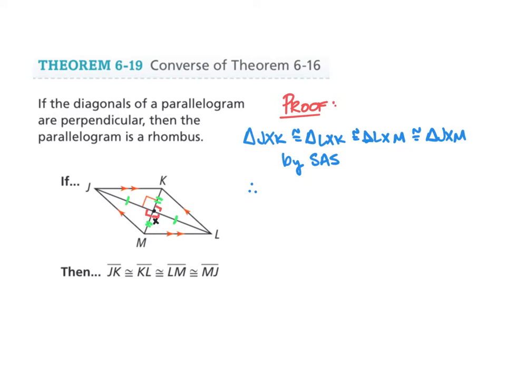So we can say, therefore, segment JK is congruent to segment LK, is congruent to segment LM, and is congruent to segment MJ because of what we call CPCTC, that the corresponding parts of these congruent triangles must be congruent. And if all 4 of those sides are congruent, then again, that makes this a rhombus. So that's our proof of why if we have a parallelogram with perpendicular diagonals, it must be a rhombus. It must have 4 congruent sides.